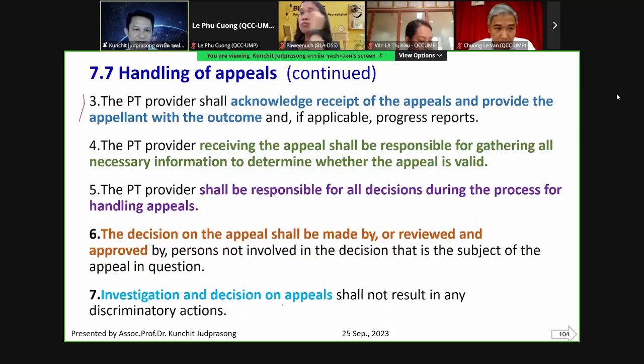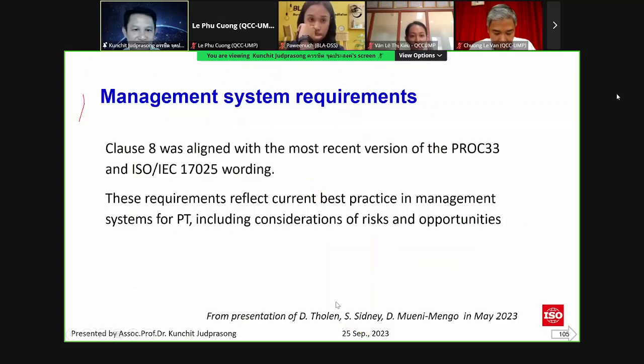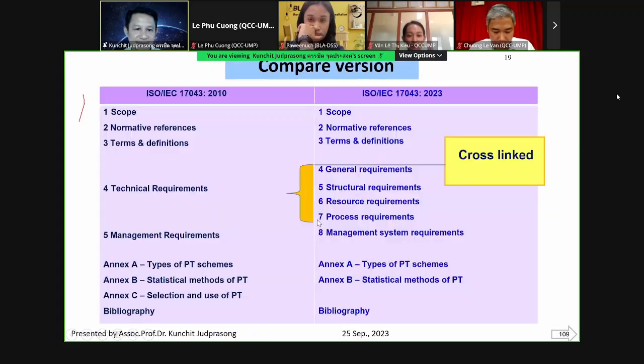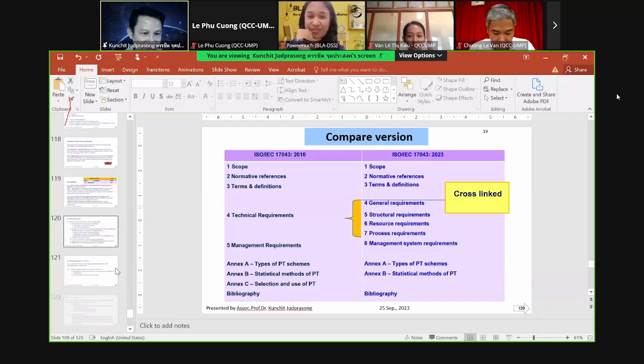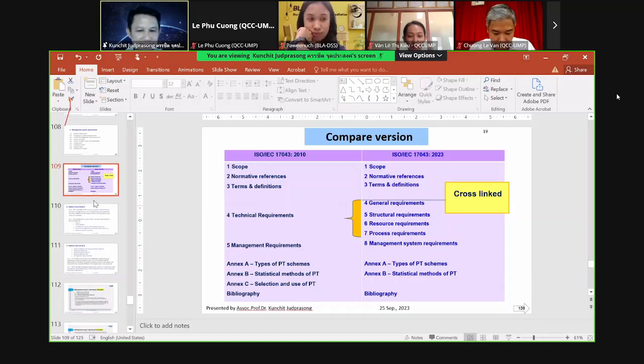We are nearly at the break. I am not sure about the remaining management system requirements; I think there are many slides. Okay, it's not too much.